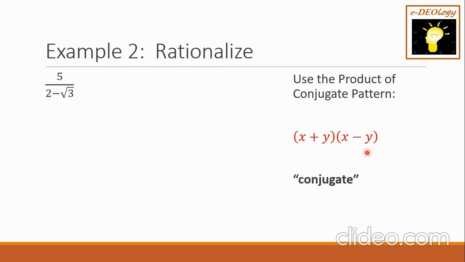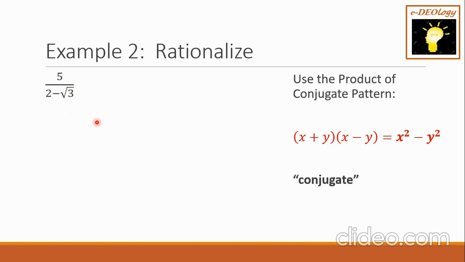To explain further, the conjugate of x plus y is x minus y and vice versa. And this is one of our special products: when we multiply, the answer will be the square of the first term, then minus the square of the second term. So let us proceed with our solution.